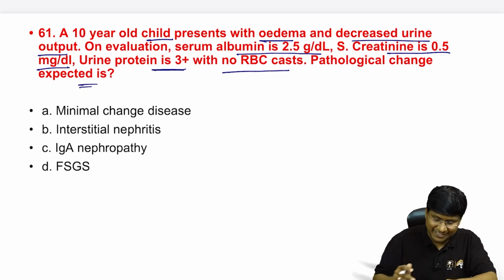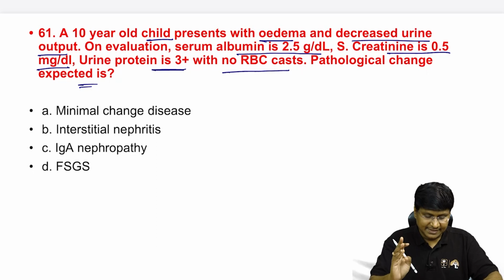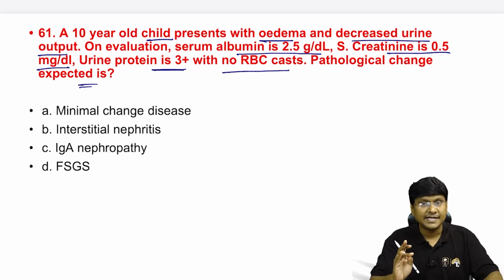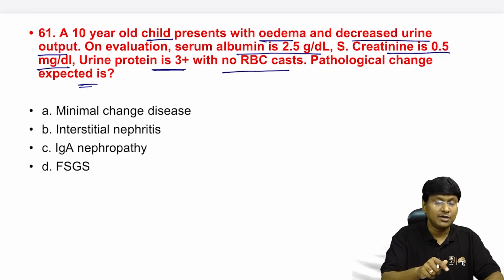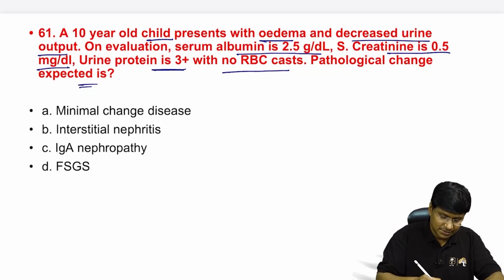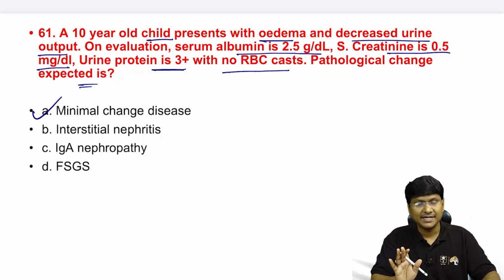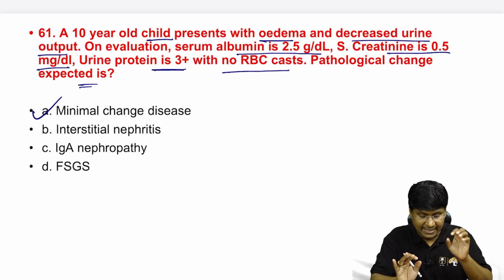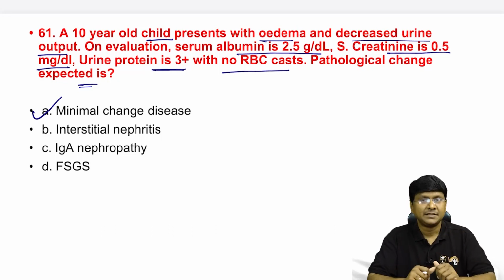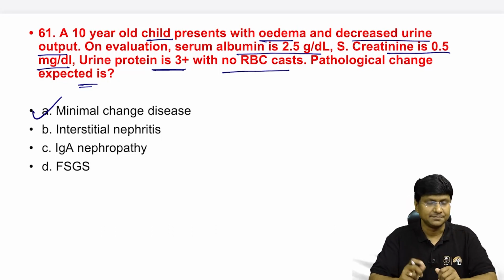The pathological change expected is: a 10-year-old child with decreased urine output, hypoalbuminemia, and urine protein 3 plus with no RBC cast. Children with hypoalbuminemia causing edema with urine 3 plus are suggestive of minimal change disease. This is the classical picture that you see in children with nephrotic syndrome.